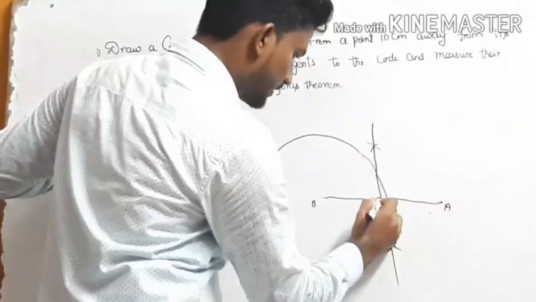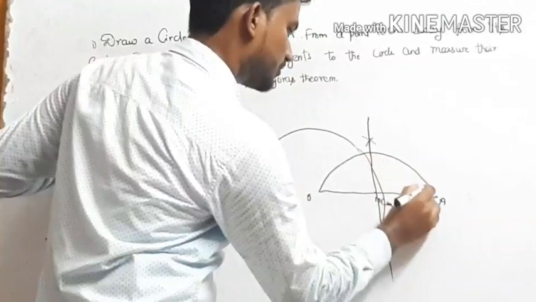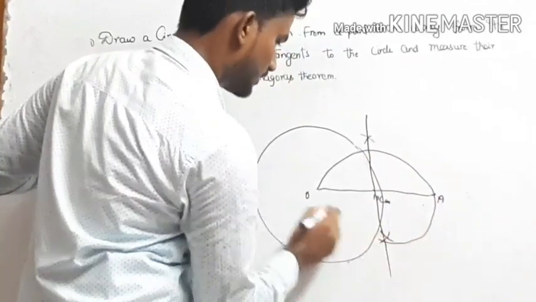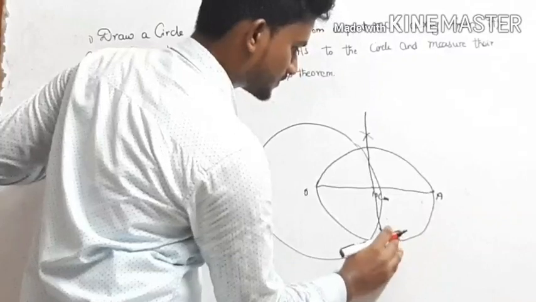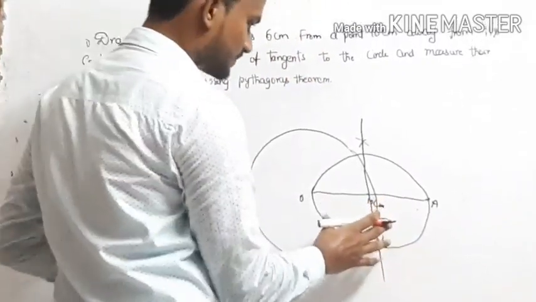Then we can draw the circle using the midpoint. It will make like this. Sorry for this one, you can imagine this is a circle.